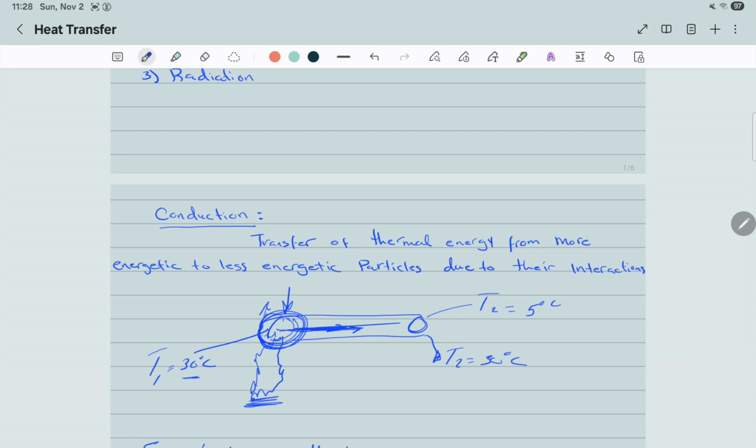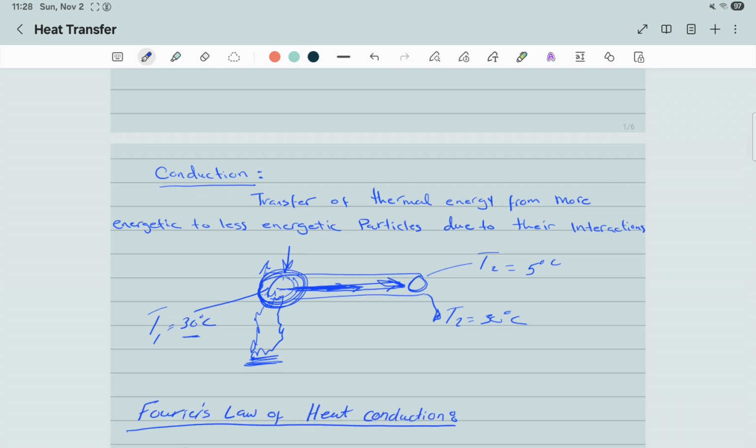It will affect the particles that are in contact with them, and therefore in a matter of time you'll find that not only one end is hot, but the second end eventually will have the same temperature as the first end that's being flamed. And that is what conduction is.